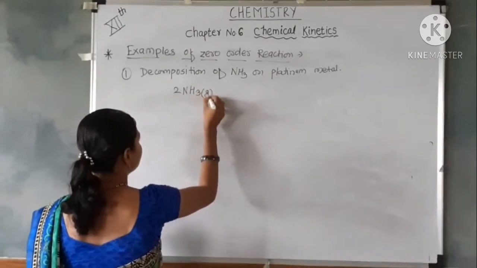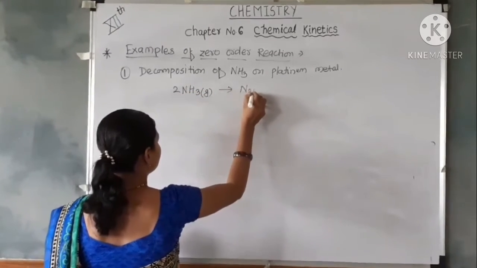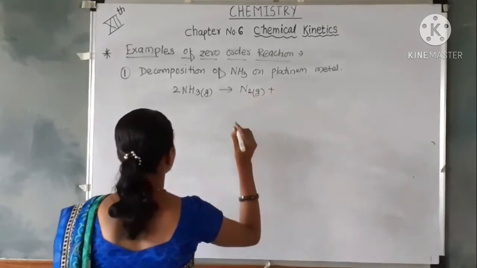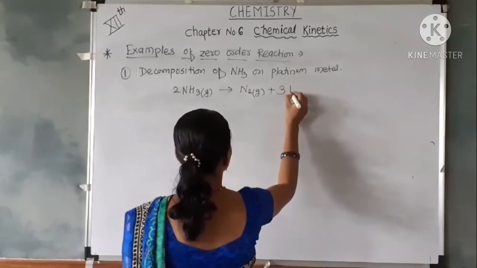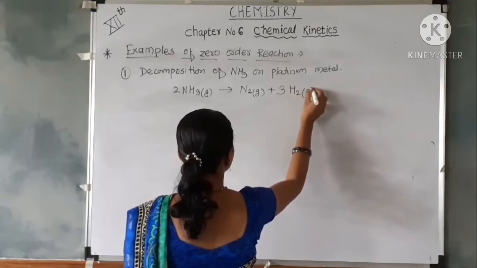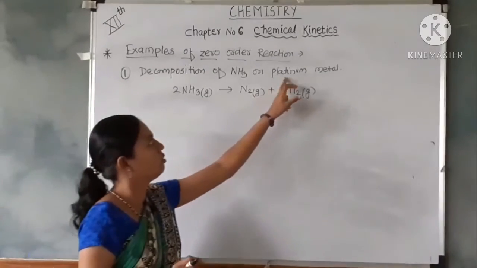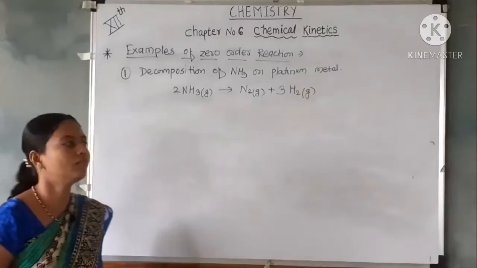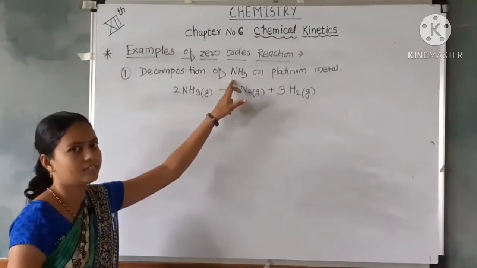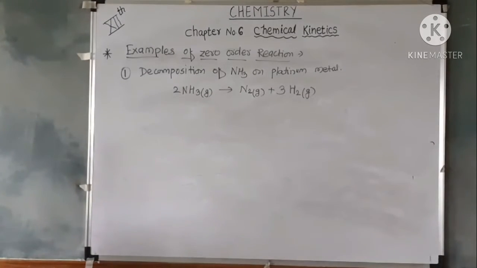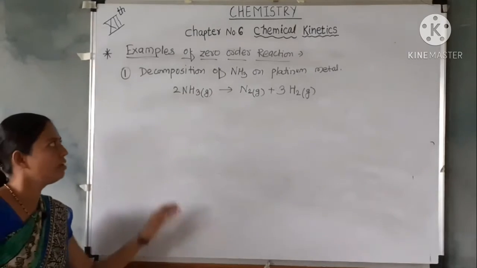NH3 gas gives nitrogen gas plus hydrogen gas. The metal surface of platinum metal is completely covered by the ammonia gas. The fraction of ammonia molecules covered on the platinum surface is very small.